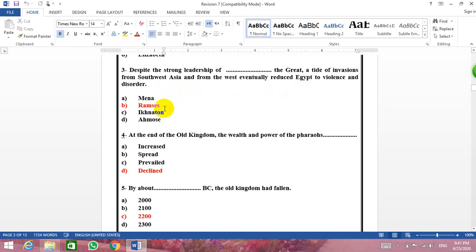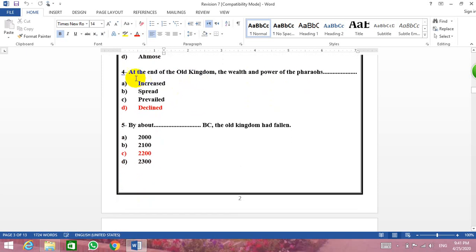So the correct answer is B, Ramses the Great. Number 4. At the end of the Old Kingdom, the wealth and power of the pharaohs declined. Option D is the correct answer. Declined, decrease.